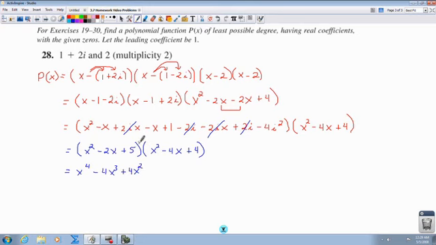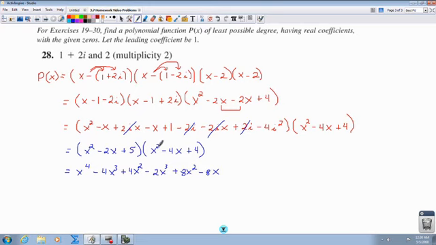Negative 2x times x squared is negative 2x to the 3rd power. Negative 2x times negative 4x is positive 8x squared. And negative 2x times 4 is going to be negative 8x.